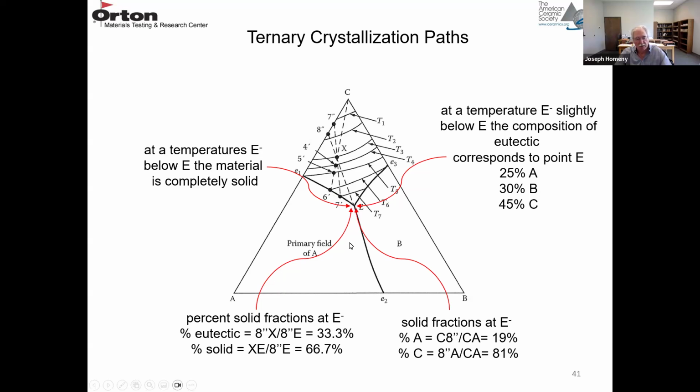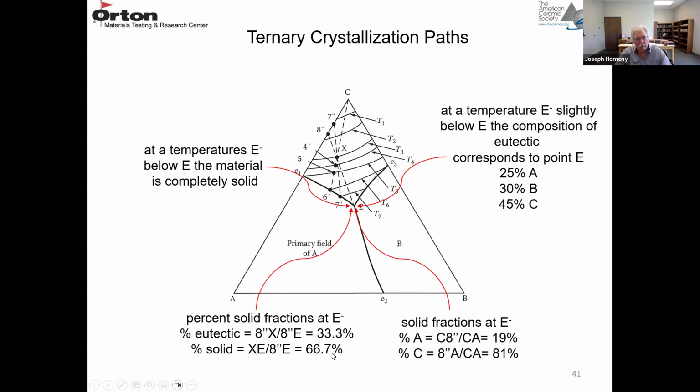So the percent solid fractions at E minus, we have a eutectic composition given by these percentages of A, B, and C. So that's 8 double prime over X over the entire length, 8 double prime E. So the eutectic composition, which crystallizes at 25% A, 30% B, and 45% C, is about 33%.